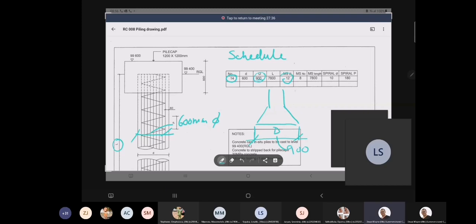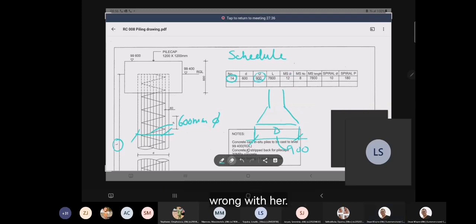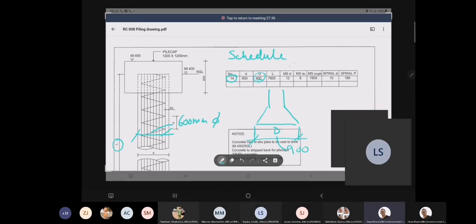And my apologies, I'm wrong with that. L tells me my length. And it tells me what the diameter is for my vertical steel bars. That is for my vertical steel bars.